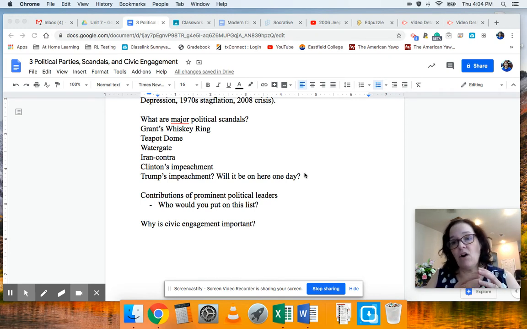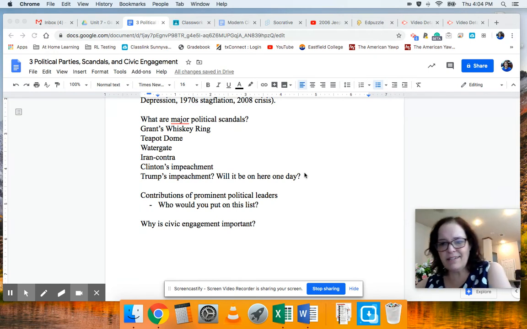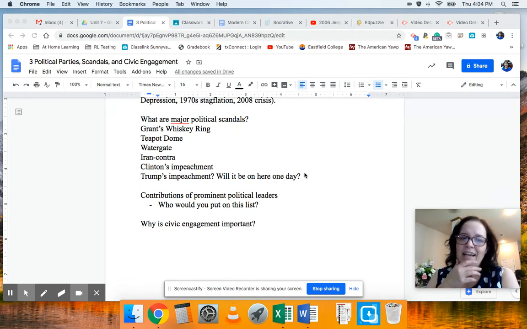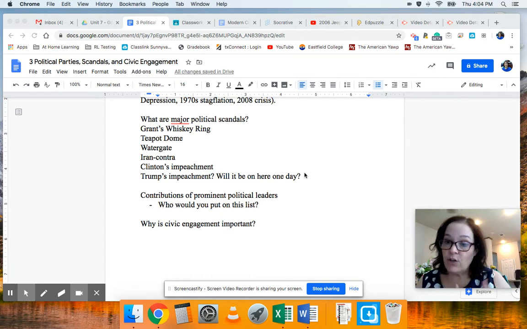Several people in Harding's administration get in trouble. The head of the Department of Veterans Affairs gets in trouble for taking medicine that was sent for the veterans of World War I and selling it on the market. Harding's administration was a hot mess. So Harding will die of a heart attack in 1923, and Calvin Coolidge takes over for him. And Coolidge will basically clean house.